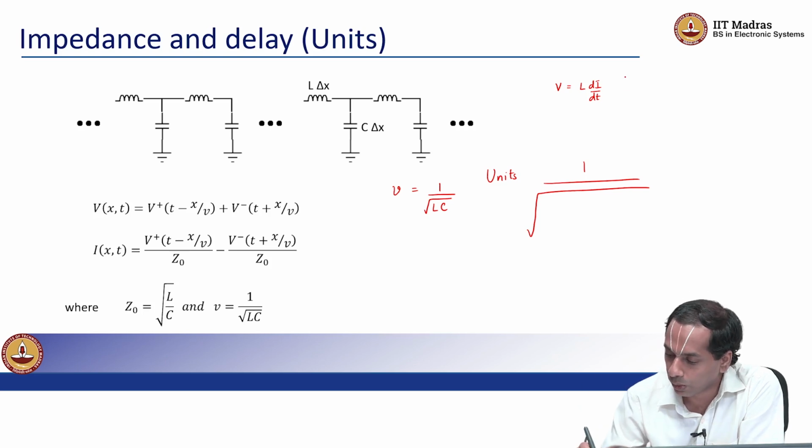So I can say the units for L are essentially volts divided by di by dt, which is amps per second.